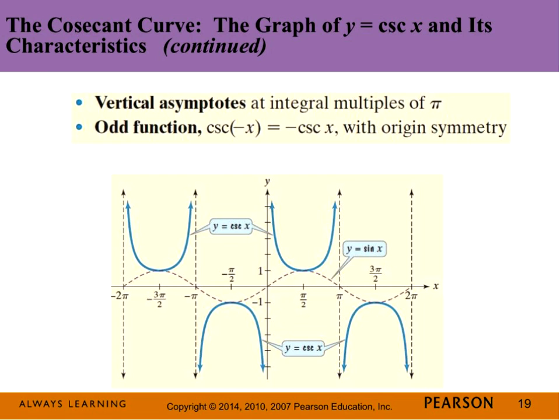Okay, so now, instead of having the sine function weave through, we have the cosine function, but you can see this picture looks almost the same as the last. So there's not much different to talk about here. We have a period of 2 pi.